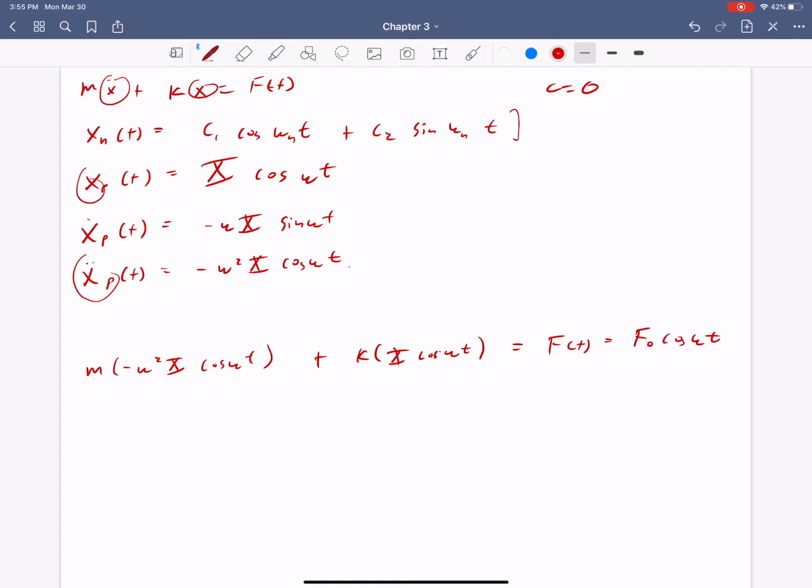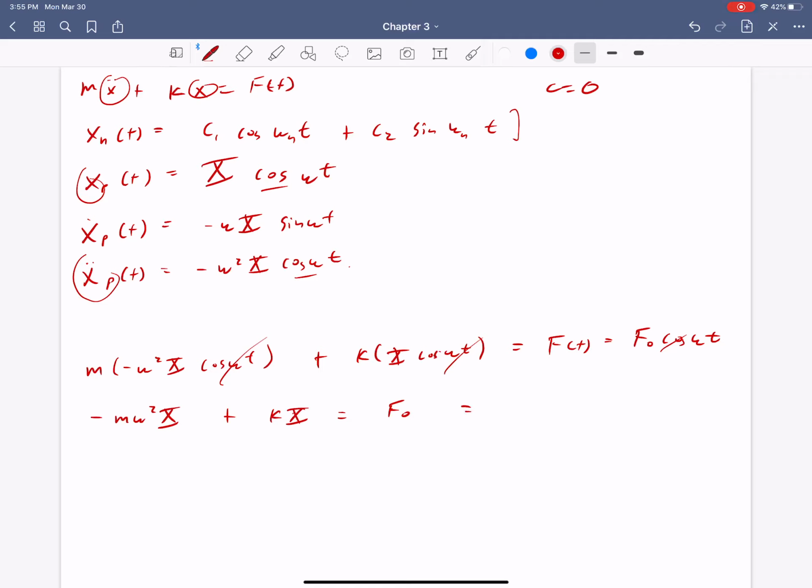Once again, it doesn't matter if you call it cosine or sine, because you can always call your particular solution sine or cosine here. So the derivation is the same and the answer is the same. Our cosine omega t's all cancel out, so we have negative m omega squared X plus k X is equal to F0.